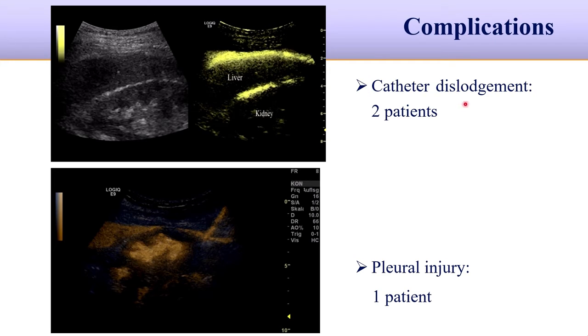So the catheter dislodgement was diagnosed. And in this patient, we also see the enhancement of the pleural space. So there was a pleural injury.